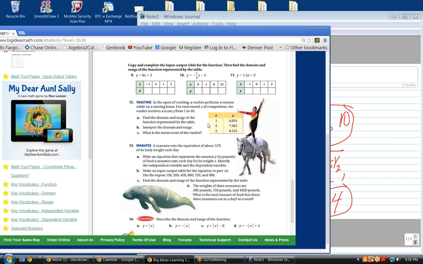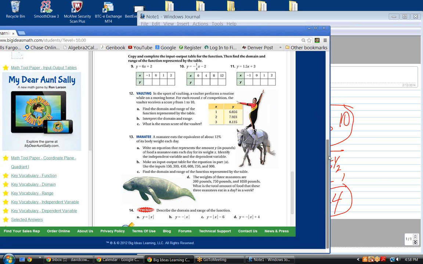Okay. On 12, what's the domain represented by the table? 1, 2, and 3. What's the range? 6,850. Yeah. 7,953. Whatever those numbers are, right. I think that's a point, not a comma, but that's okay.